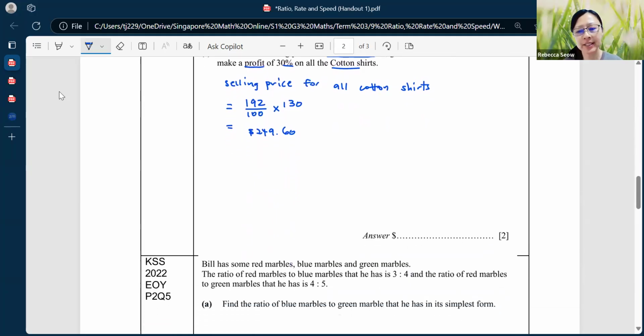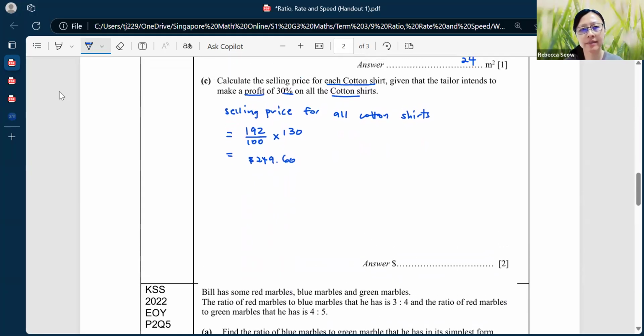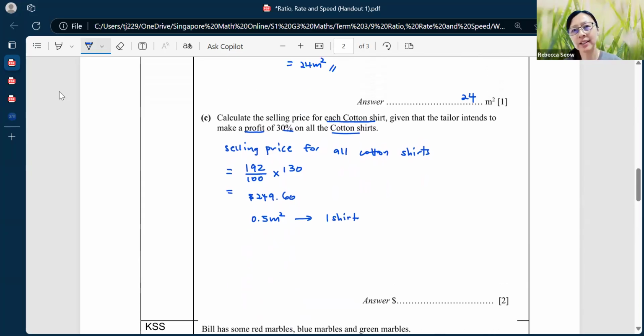So we could write it down as 0.5 meters square of cloth is for one shirt. We have found that there are 24 meters square of cloth bought. So how many times of 0.5 will actually make up 24?